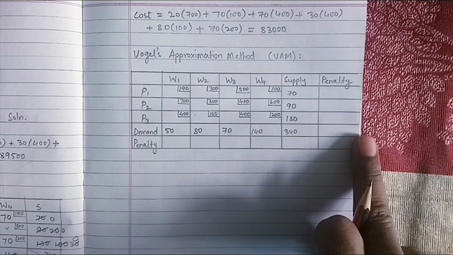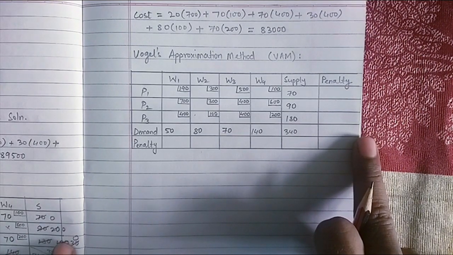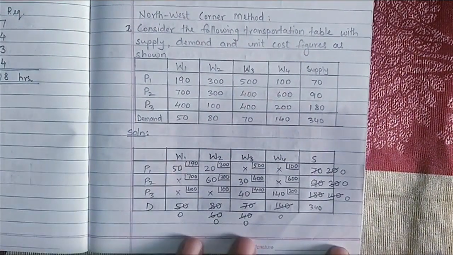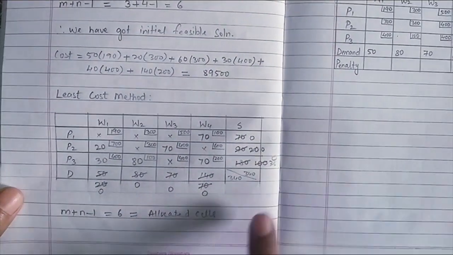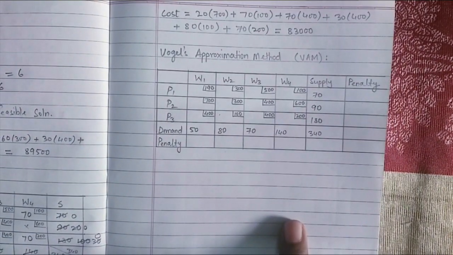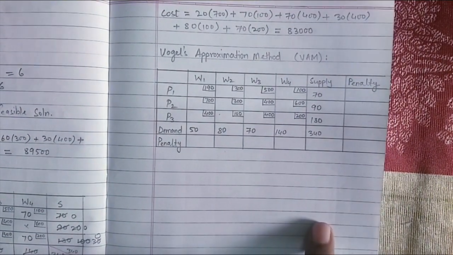I am going to use the same problem which I have used before to solve the northwest corner and the least cost method. Fine, and we had got two different costs in those two solutions.